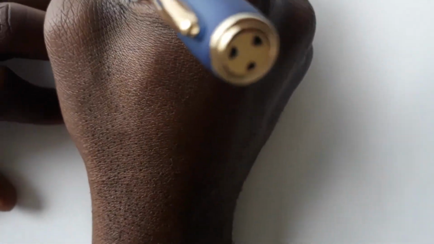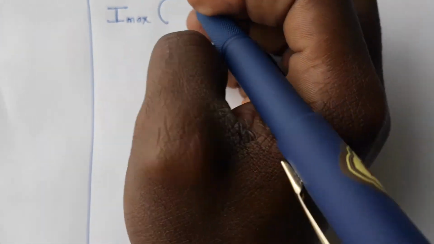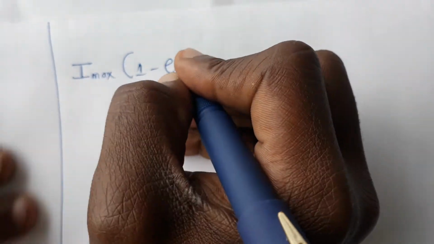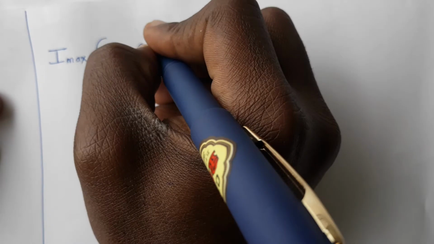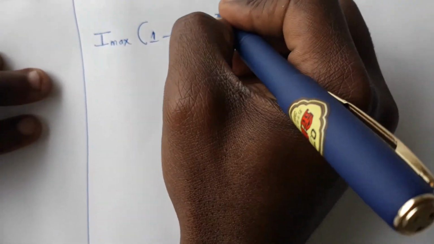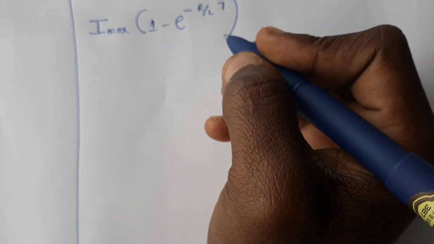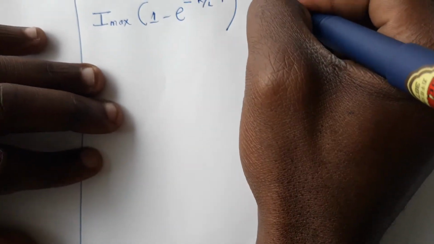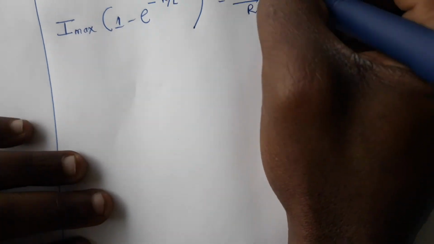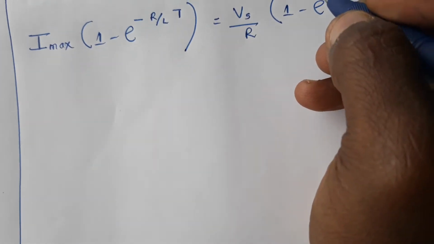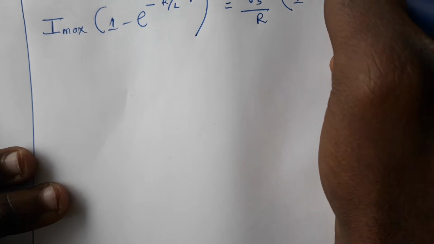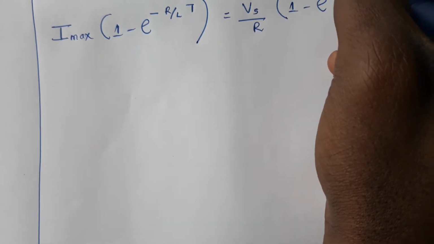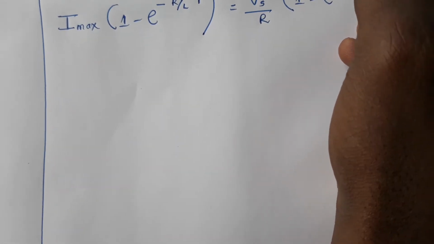So, let me use a new page. So, we have Imax, 1 minus exponential minus R over LT, is equal to Vs over R, 1 minus exponential minus alpha RT over L.